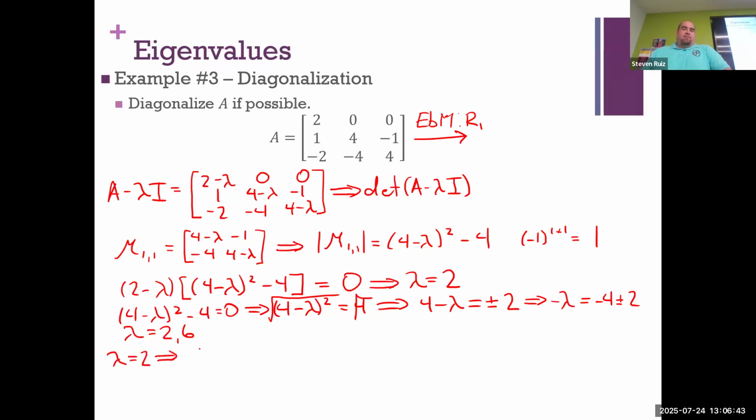If we say lambda equals 2, then the matrix I want to deal with is 0, 0, 0; 1, 2, -1; -2, -4, 2. Anything jump out at you? There's a row of 0, so we're going to have at least one parameter if we can reduce this.